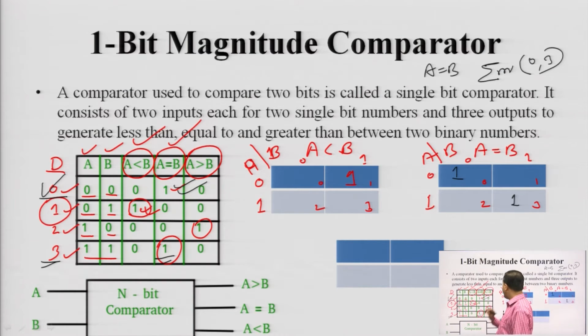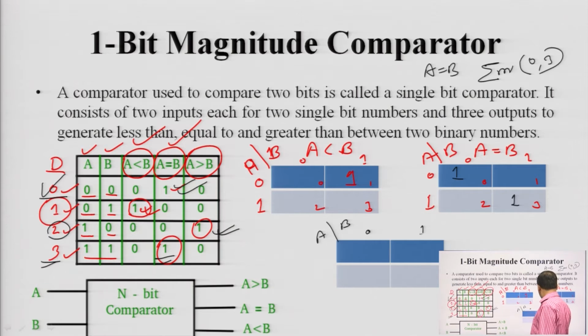And the last one is A greater than B. So, A greater than B is only for decimal 2. So, if we put it like this, A B: 0 1 0 1. The format is 0 1 2 3, and we are getting output as 1 for decimal 2. So, here only we are having 1, got it.